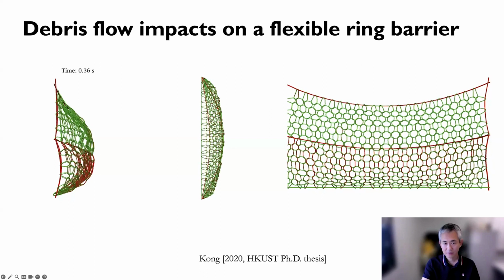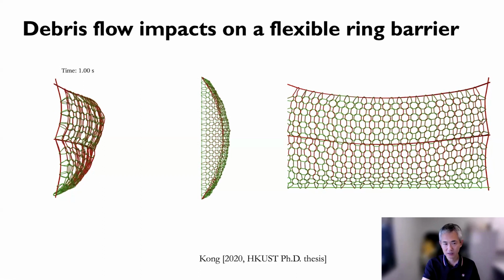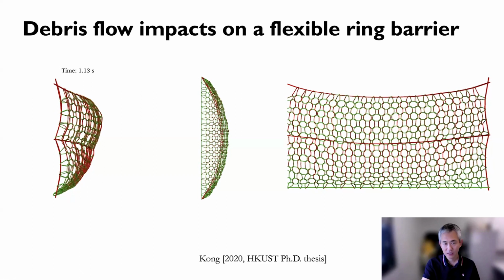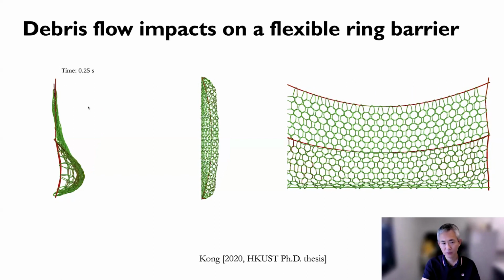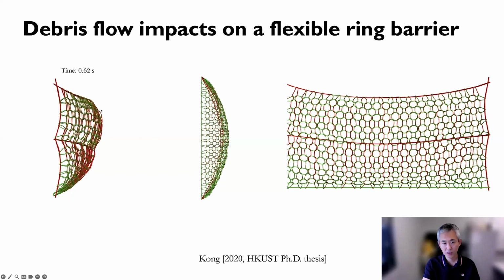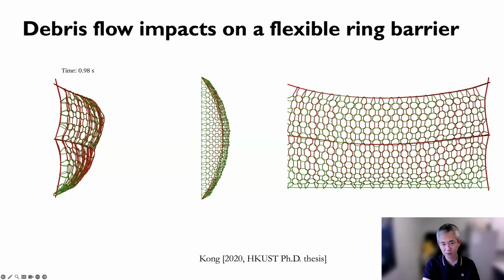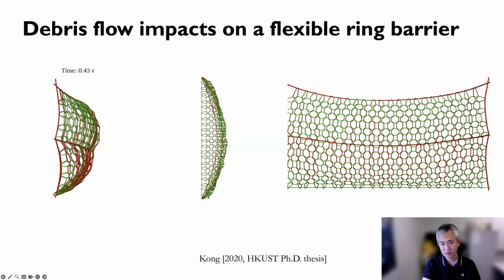As you can see, at first the bottom part is subject to the front of the debris, and it generates deformation. Later on, with further accumulation, the top part is reinforced to sustain the load and becomes significantly deformed here. And this is a top view of the net.